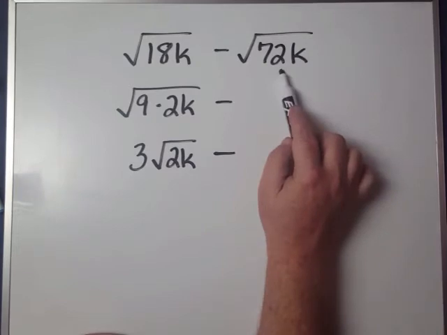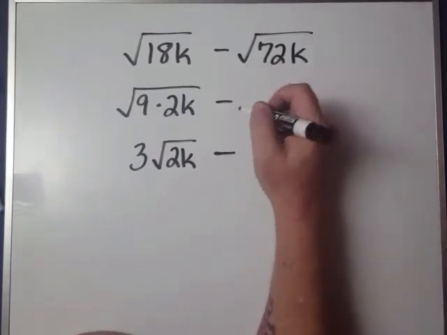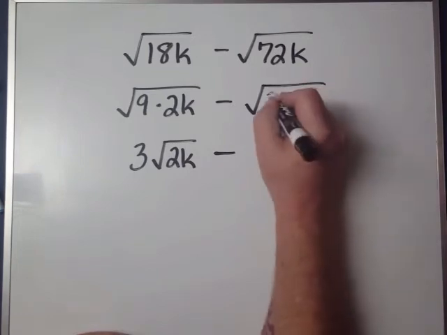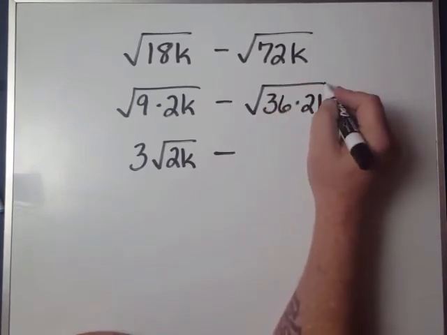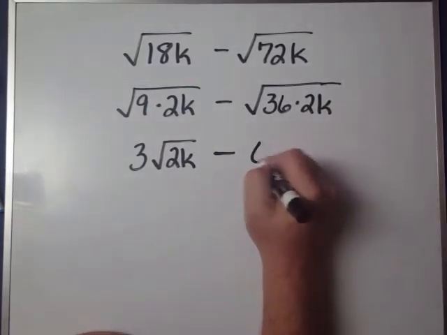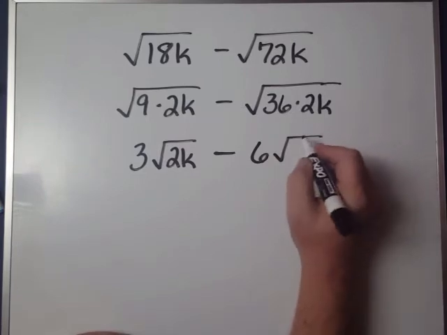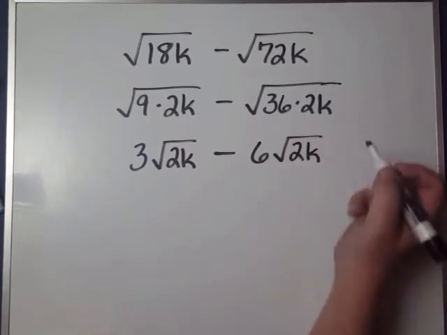We know 72 contains a 9, but remember what we saw the other day. 72 contains also a 4, meaning 72 contains a factor of 36. It's 36 times 2, and times that k. Square root of 36 is 6. So this term is minus 6 square roots of 2k.